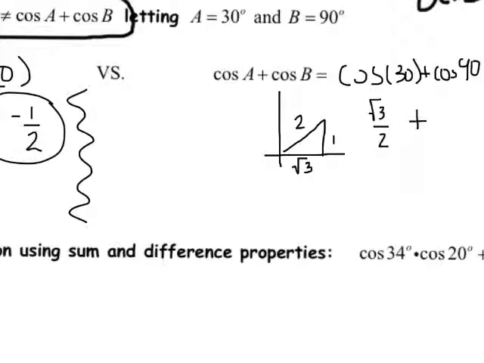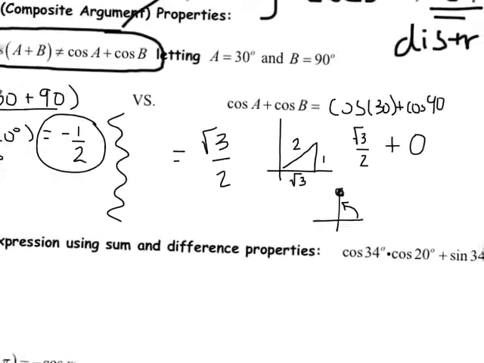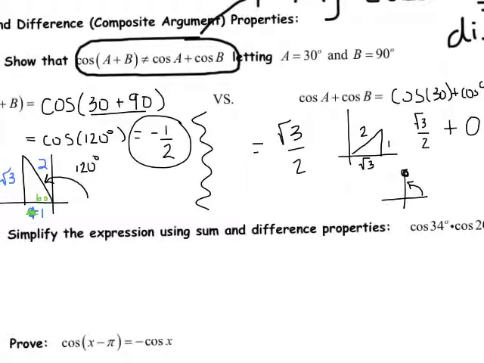And cosine of 90 degrees is right here. The adjacent of that is 0. And root 3 over 2 plus 0 is root 3 over 2. And so now if you notice, I'm going to compare this to this, and they are in fact not equal, which is exactly what I was trying to do.